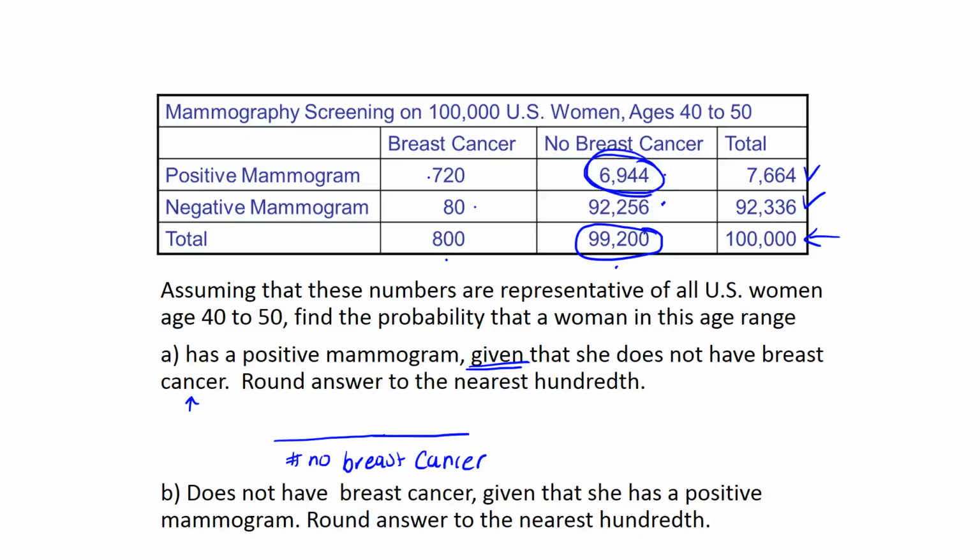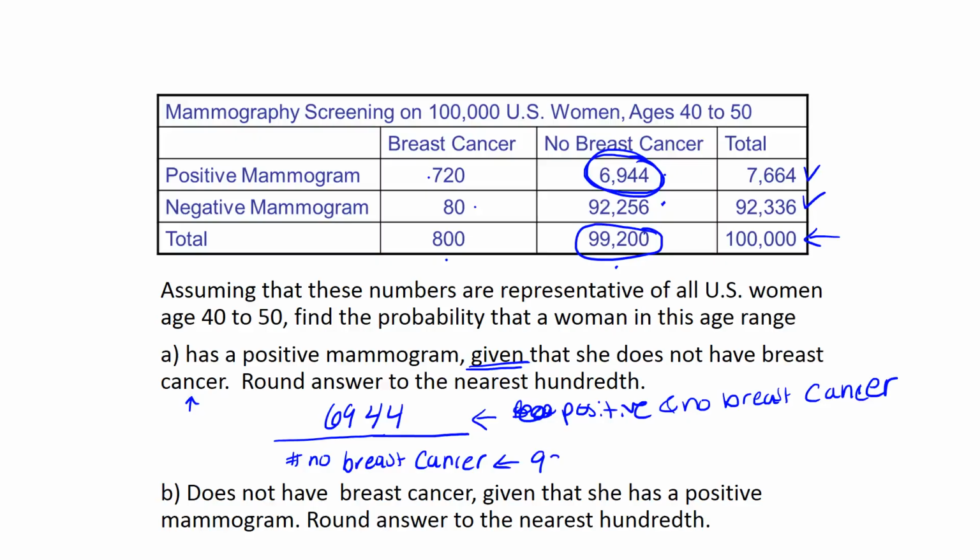So that's 6944 out of that, which is the number of positive mammograms with no breast cancer. Just be sure to change the denominator. The total with no breast cancer is 99,200.